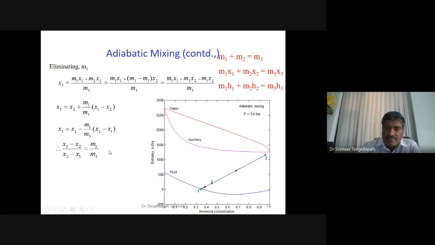M1 by M3 is, M1 is here, M3 is here, and 3-2 and 2-1; 2-1 is the total. This is more or less the explanation of what we applied earlier for the separation.